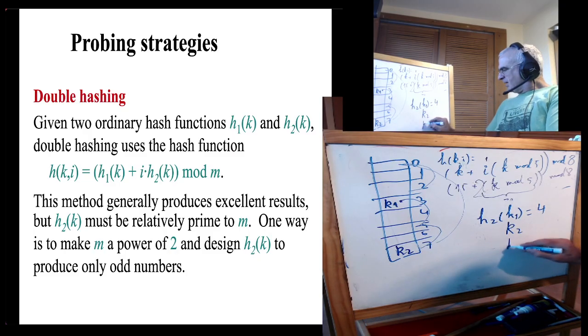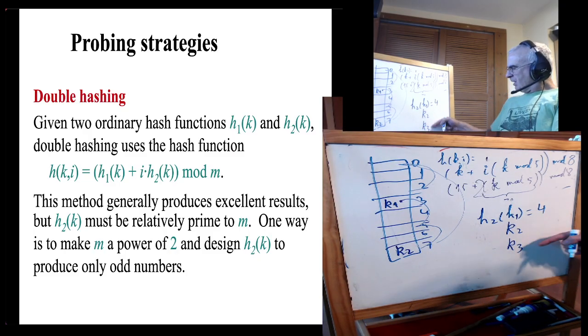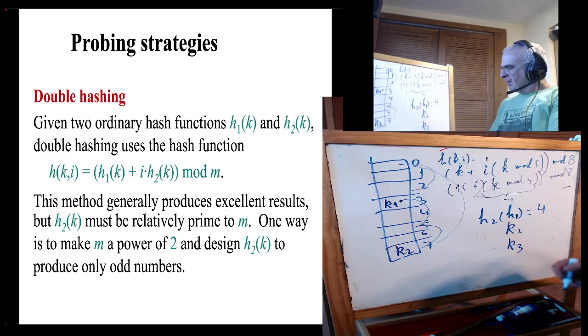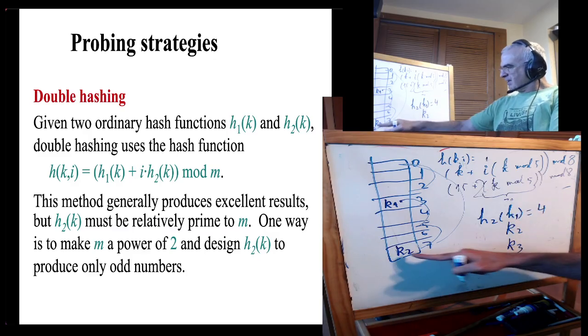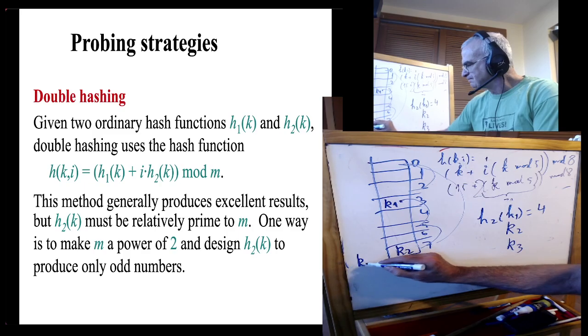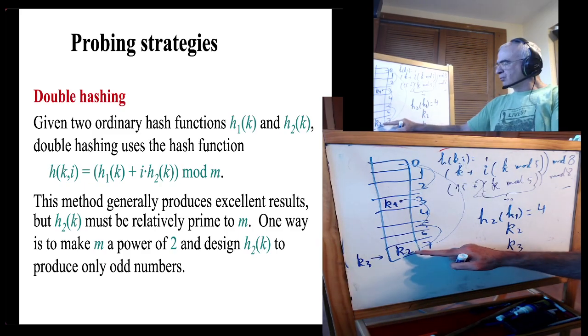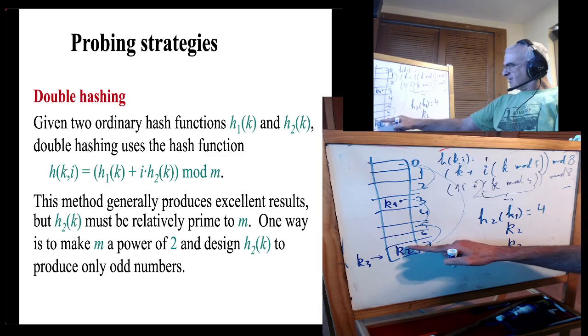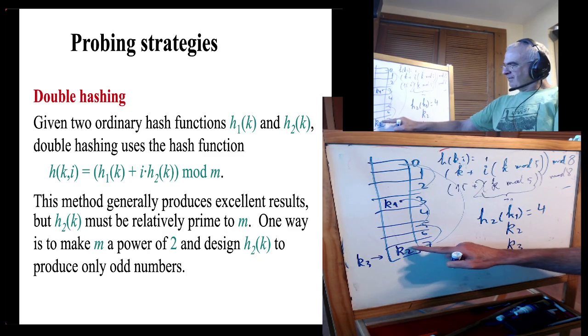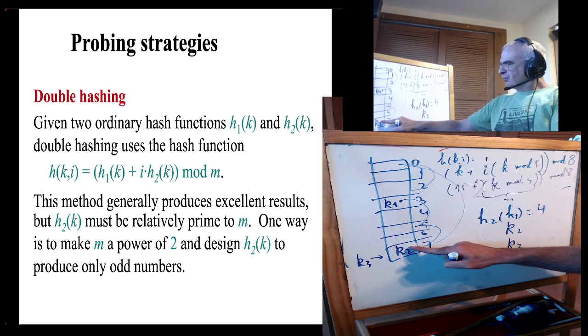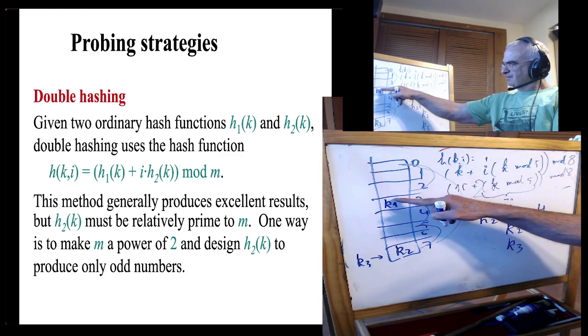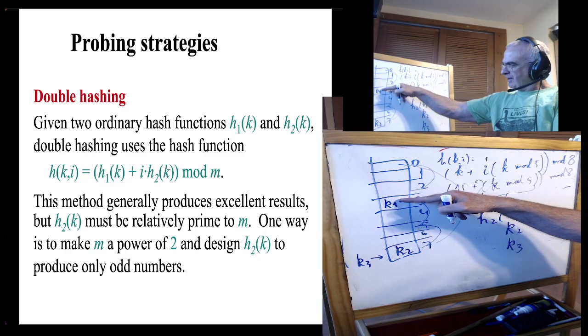But now I'm inserting k3 that collides with either of them. Let's say my first attempt with k3 would be to insert it right here, occupied. So my next attempt would be in the same place, plus 4. 7 plus 4 is 11. Modulo 8 brings me to 3, but k1 is living there.